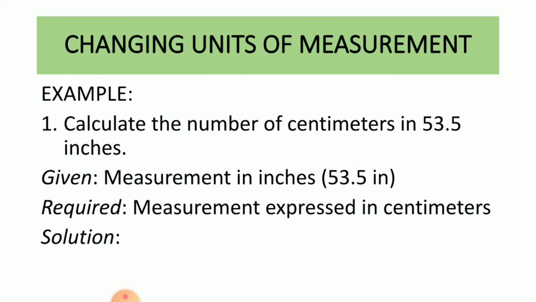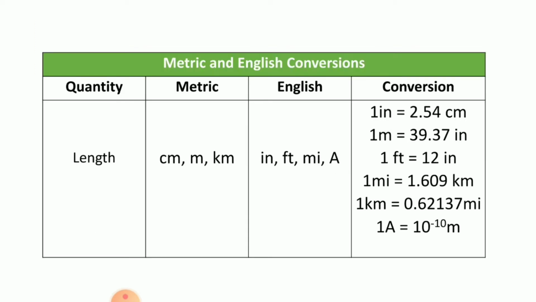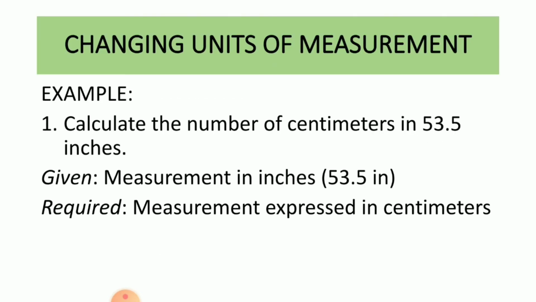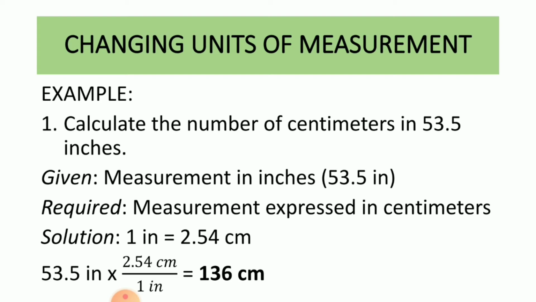For the solution, we need to look at the metric and English conversions. As we can see, there is a direct conversion of inches to centimeters. In 1 inch, there are 2.54 centimeters. So 1 inch is equal to 2.54 centimeters.